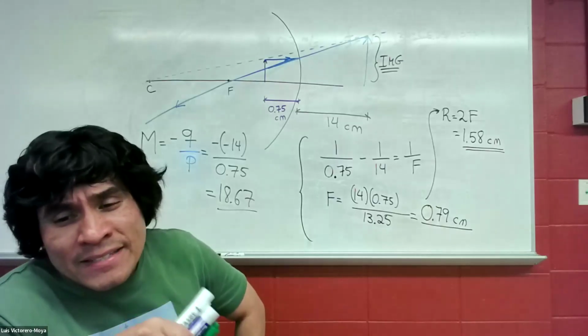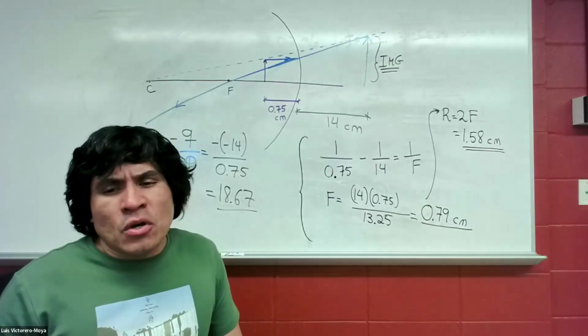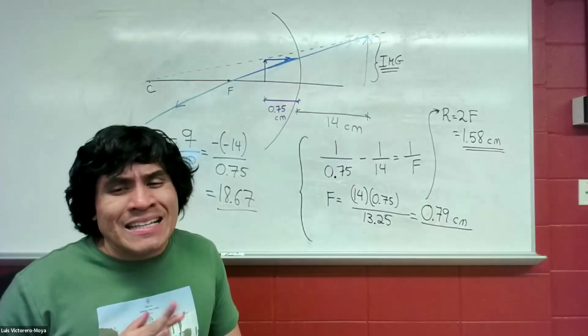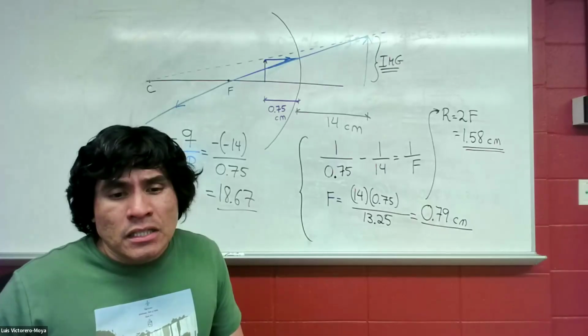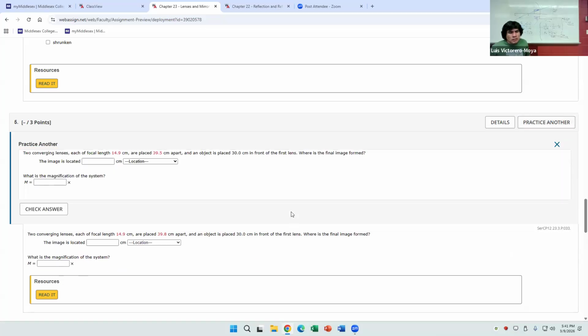What about if you have lenses? Now, in a lens, the equations are the same, but the definition of real and virtual is slightly different. For example, I want you guys to take a look at the following problem. You have two converging lenses with these focal lengths, and an object that is 30 centimeters in front of the first lens.